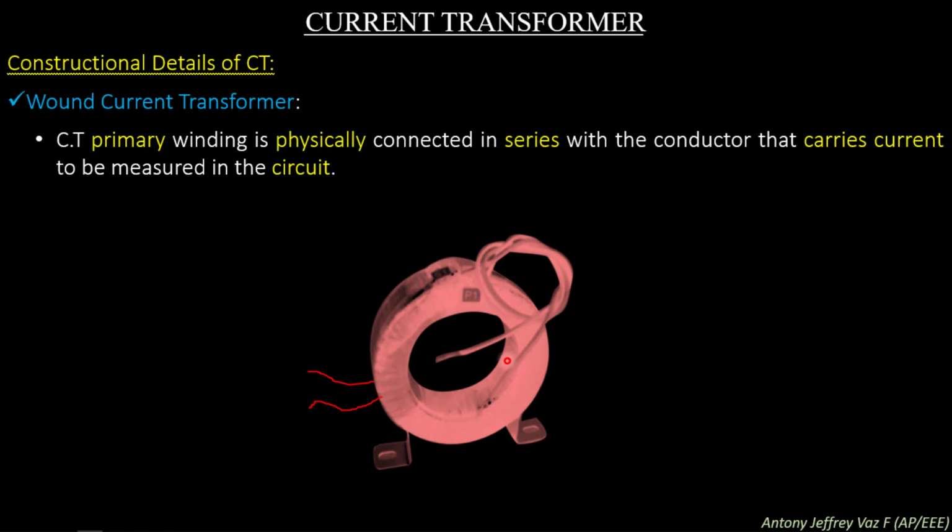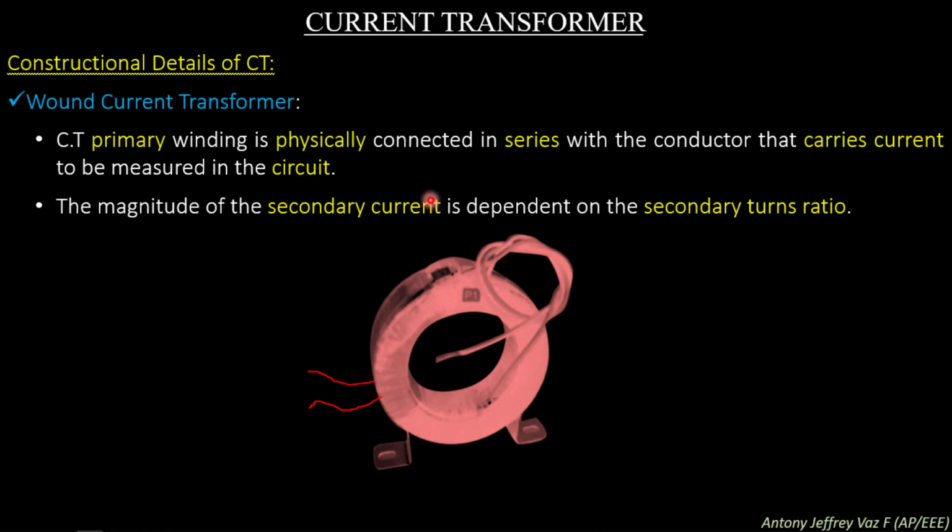So this primary winding will be connected directly with the conductor which is carrying the current, and the secondary conductors shown in the back side will be connected to the ammeter. The magnitude of secondary current depends on the secondary turns ratio of the current transformer.